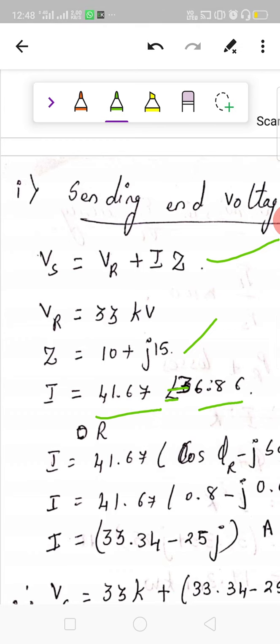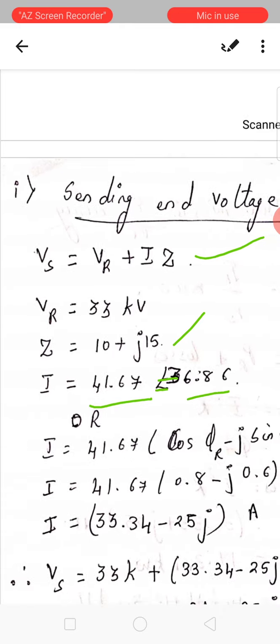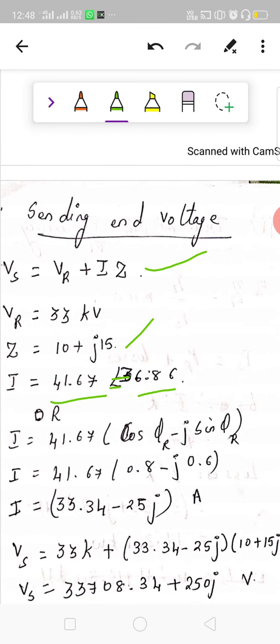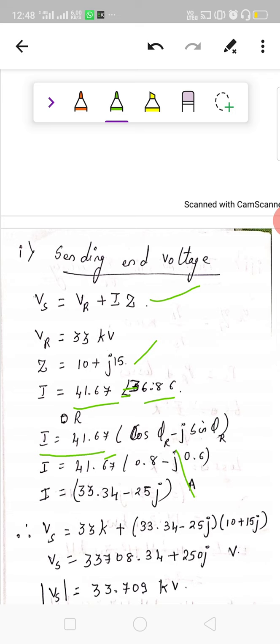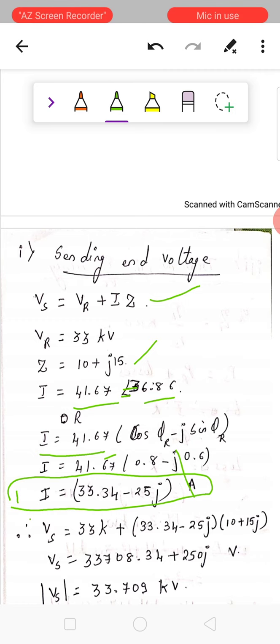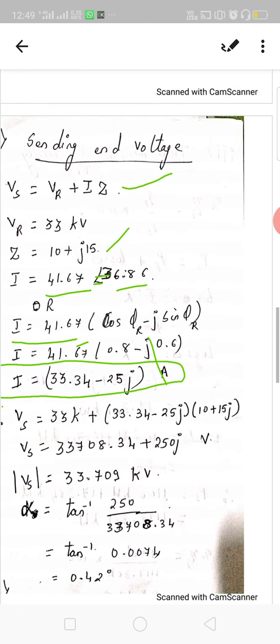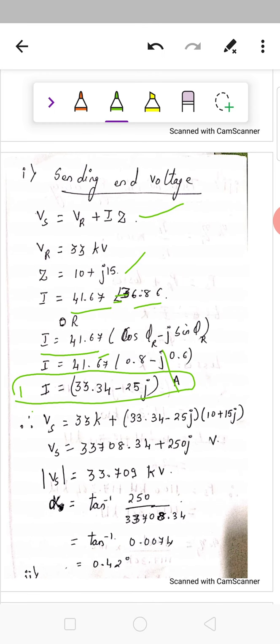So you can calculate the current as I equal to 41.67 into cos phi r minus j sin phi r, which works out to be 33.34 minus 25j. Now I will substitute this whole value of I and Z in Vs.